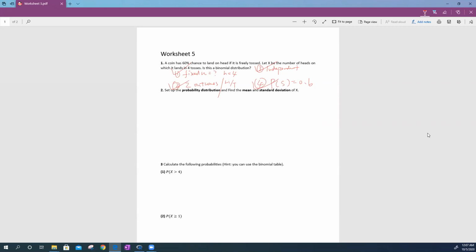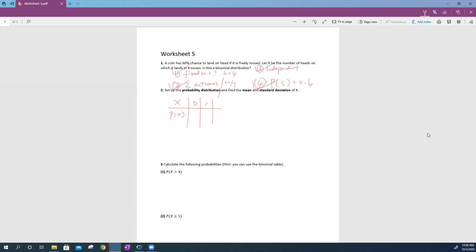So then we're gonna set up the probability distribution and find the mean and standard deviation of this one. So x, probability of x. So x gonna be the number of heads. So we could have 0, so all 4 tails, that's 0 head.